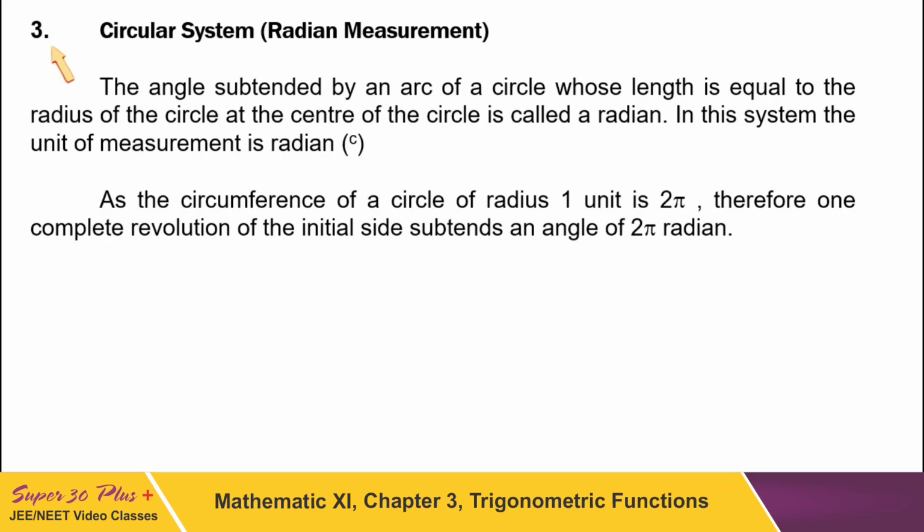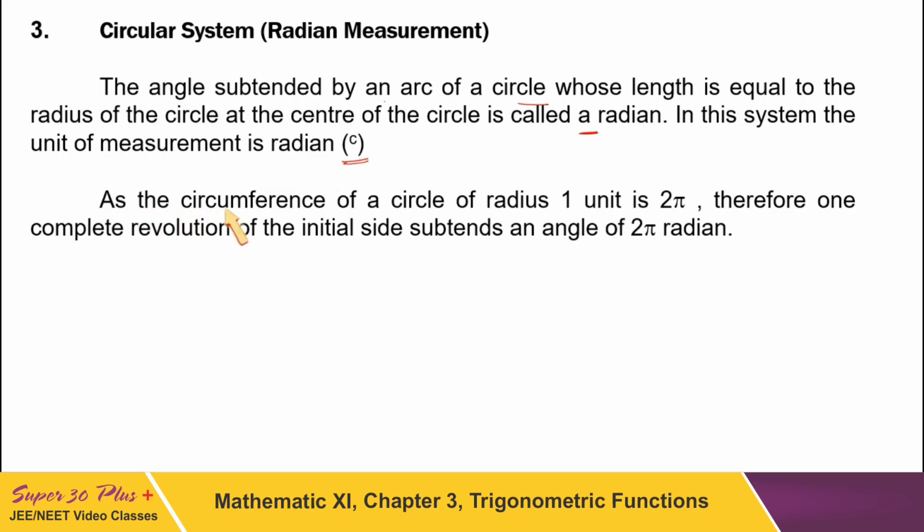Now the third one is the circular system or radian measurement. The angle subtended by an arc of a circle whose length is equal to the radius of the circle, at the center of the circle, is called a radian. In this system, the unit of measurement is the radian. This is the representation of radian.